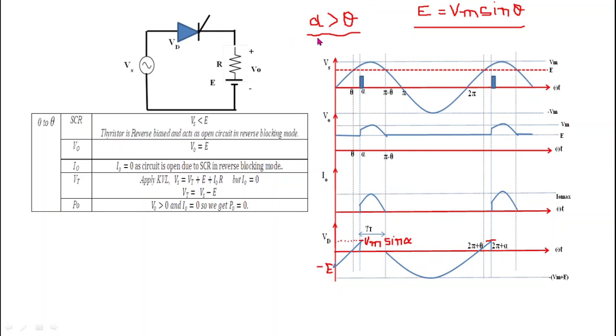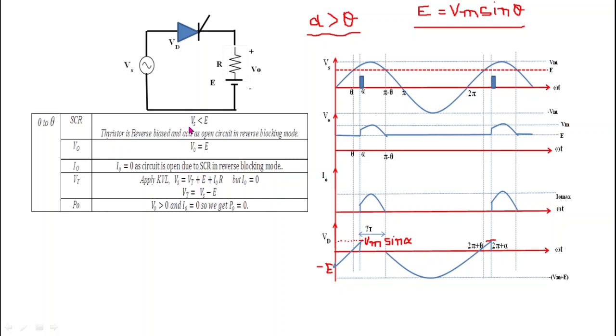Now after knowing this much concept, we will start the circuit operation from 0 to theta. From 0 to theta, thyristor voltage is given as Vs minus E, because the thyristor is initially turned off. So Vt equals Vs minus E, and we know that from 0 to theta, source voltage is less than EMF E. So when source voltage is less than EMF E, we get negative or reverse voltage across the thyristor, or we can say that the anode to cathode voltage of the thyristor is negative.